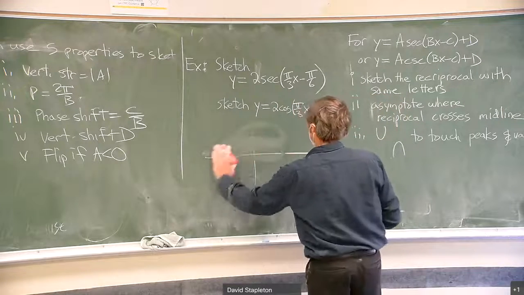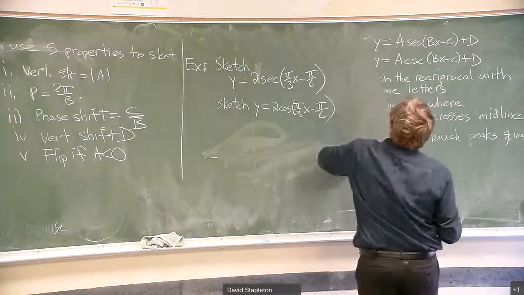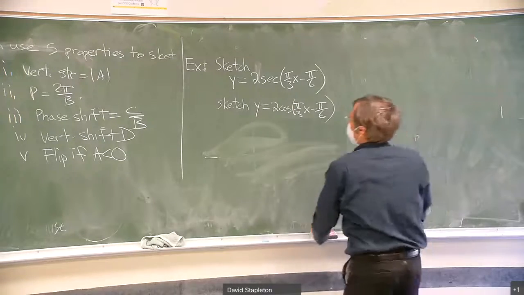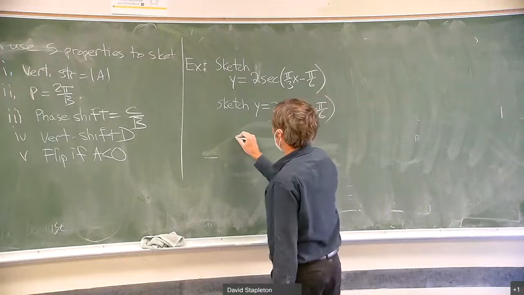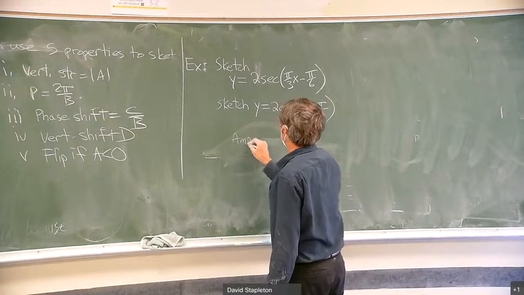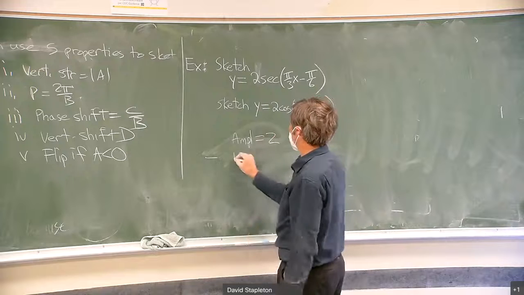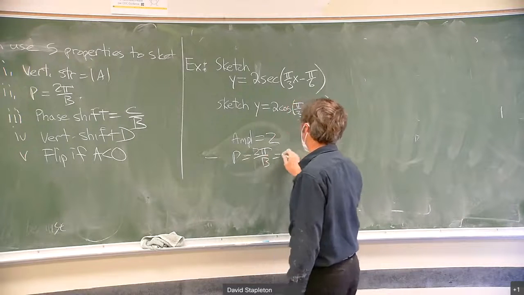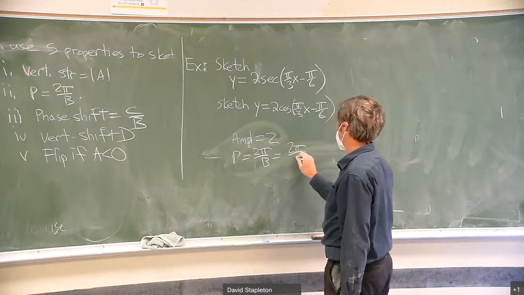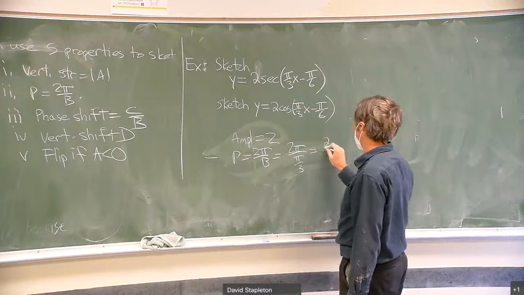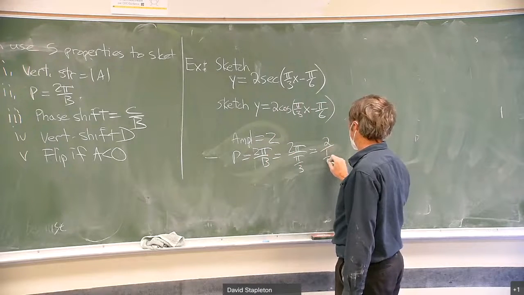Leave some room here. There's a prescription. We'll say that the amplitude is absolute value of 2, which is 2. The period is 2 pi over b. We've done this before. It's 2 pi over pi over 3. Well, the pi's cancel. It's 2 over a third, which is 6 actually.